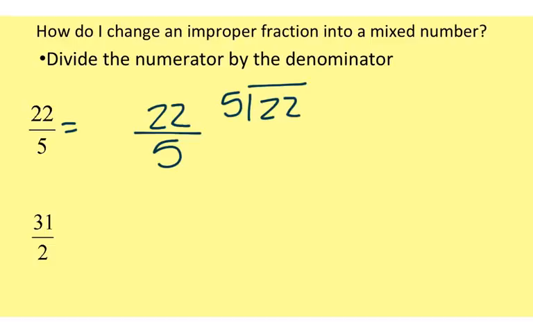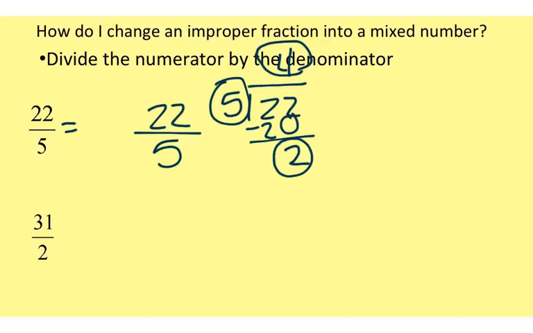So 5 goes into 22 4 times, and that gives me 20, and I subtract, which leaves me with 2. These three numbers are important, okay? The 4 at the top is the whole number, so I'm going to write W next to it. The 2 remaining are the 2 pieces that are left. That's my numerator. And the 5 is the total number of pieces in my fraction. So when I divide, I find that 22/5 is equivalent to 4 2/5.